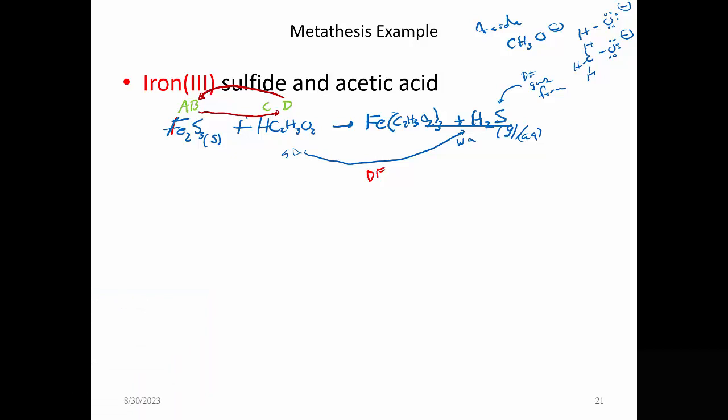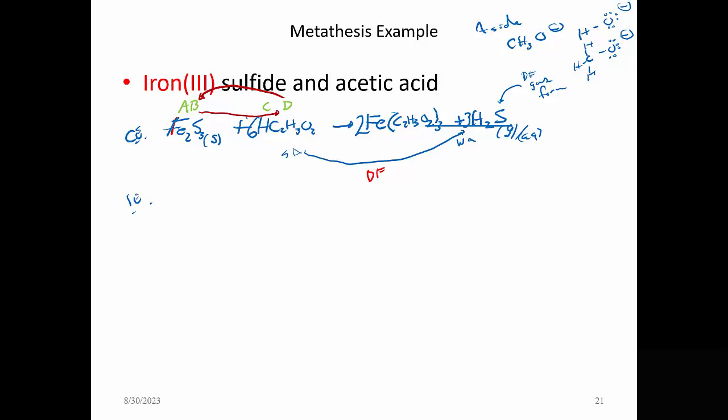I have 2 irons here, so I'll need 2 iron 3 acetates. That's going to give me 6 acetates, so I'll need 6 acetic acids. That gives me my 6 hydrogens, to make 3 H2S. That would be balanced.